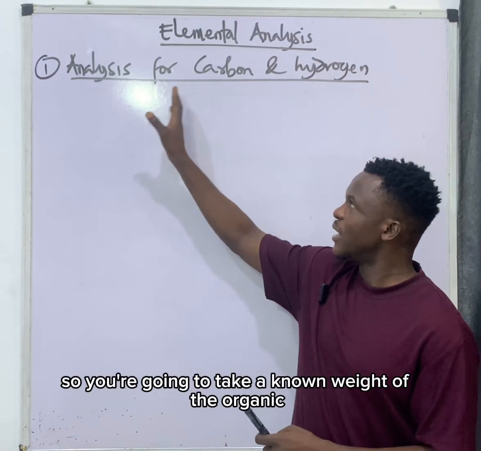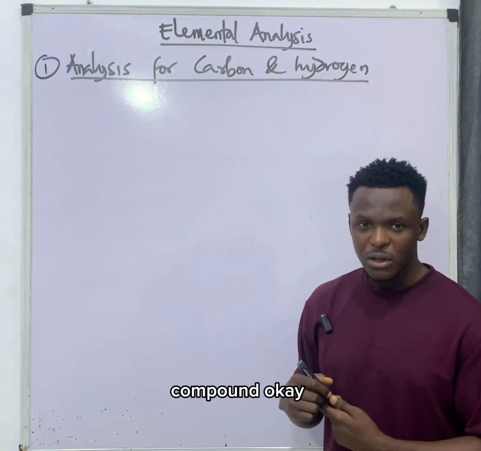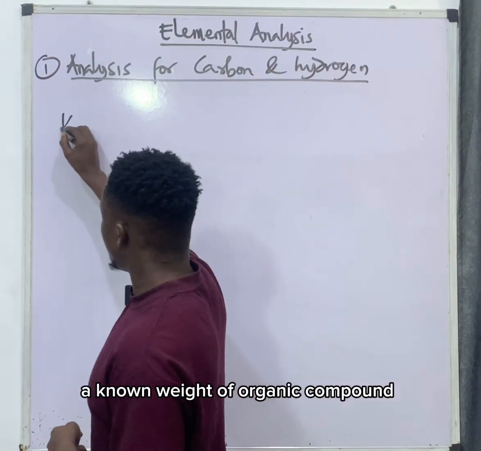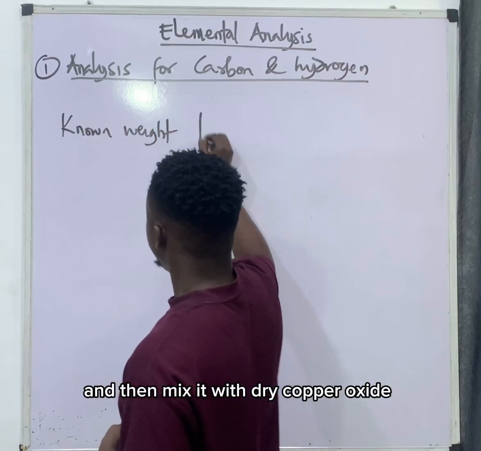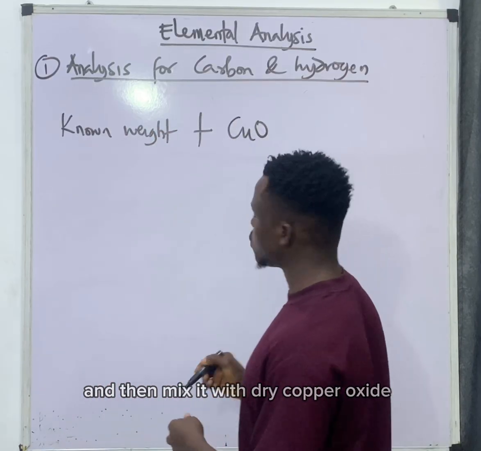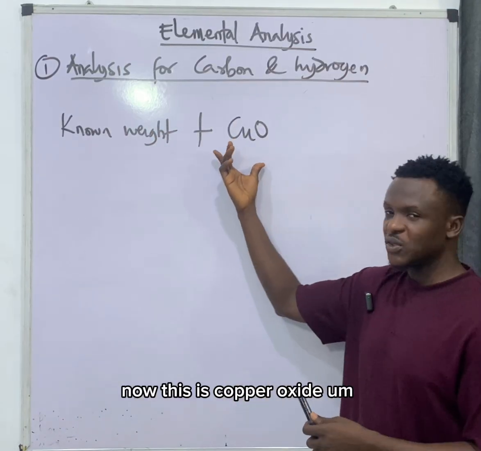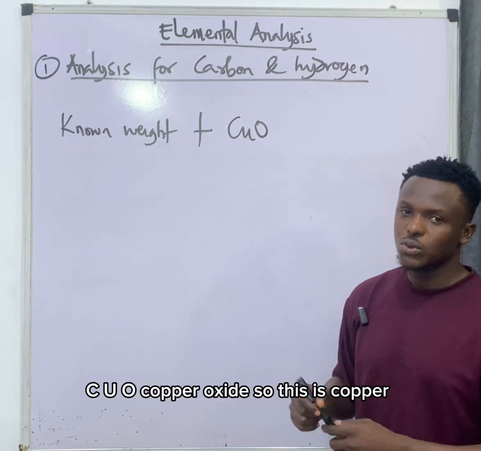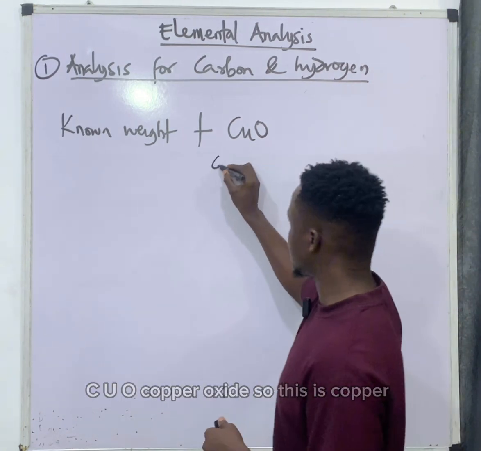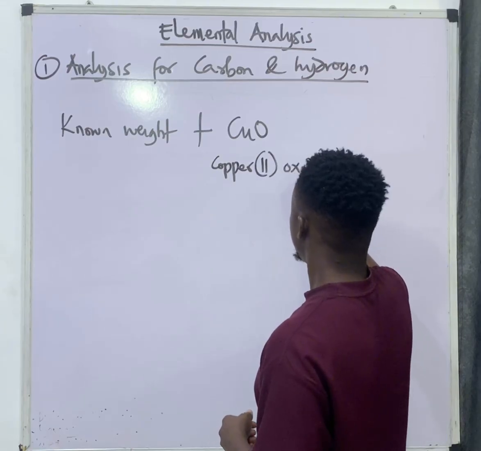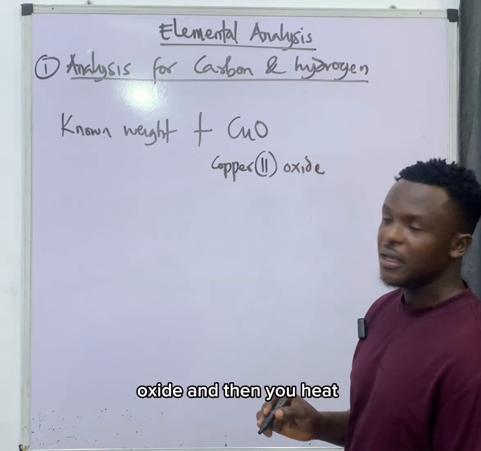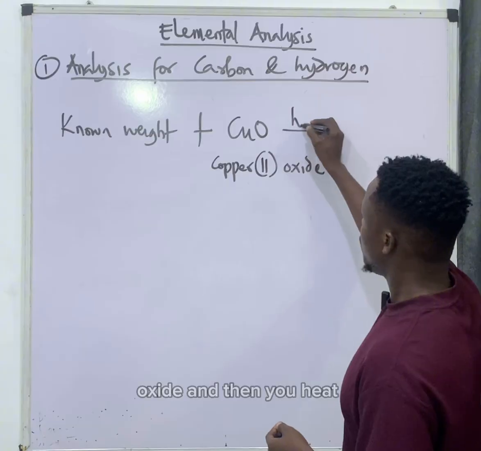So you take a known weight of the organic compound and mix it with dry copper 2 oxide, CuO, and then you heat.